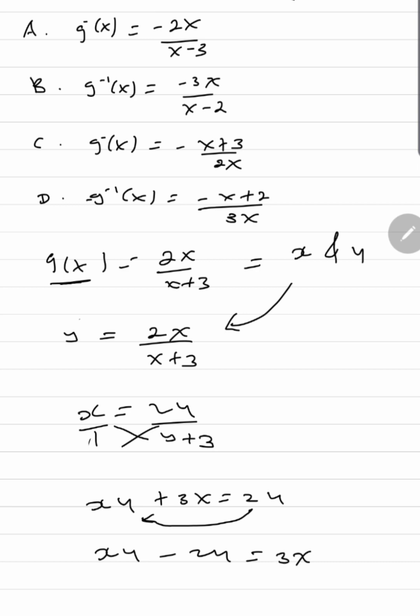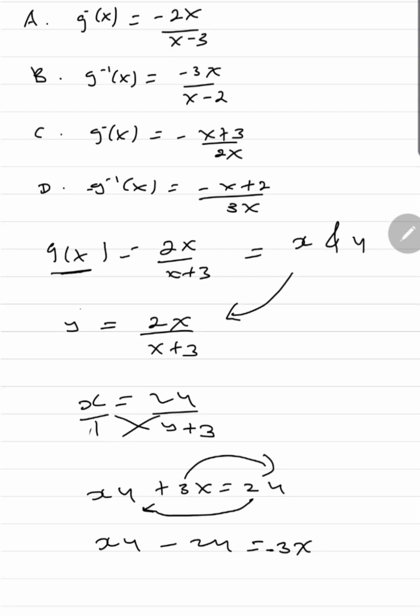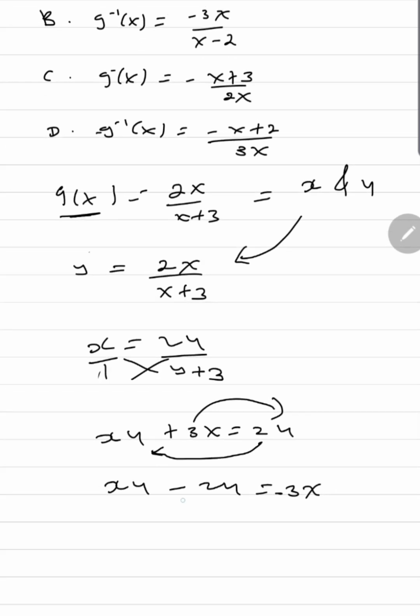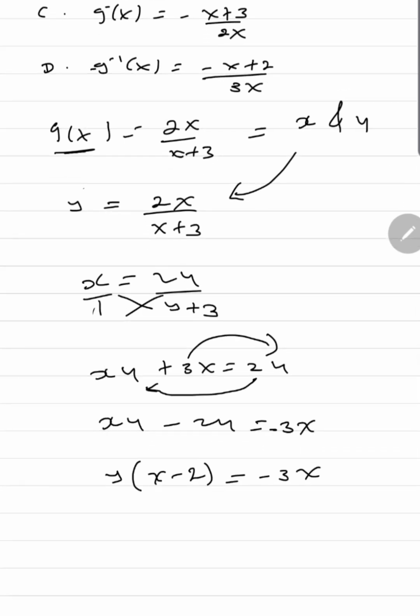I mean sorry kuni kallattii gamatti yoo darbu immoo maal ta'a? Minus 3x ta'a. Then we have to pull out the common term y dha. Y yommuu pull out kun x minus 2 is equals to what? Minus 3x. Then we have to solve for y over x minus 2 over x minus 2.